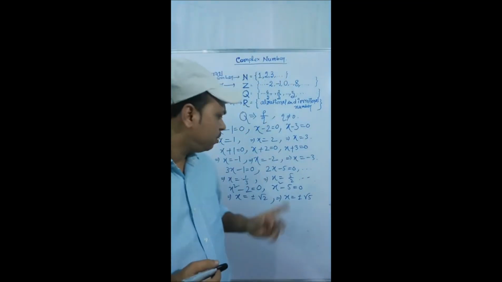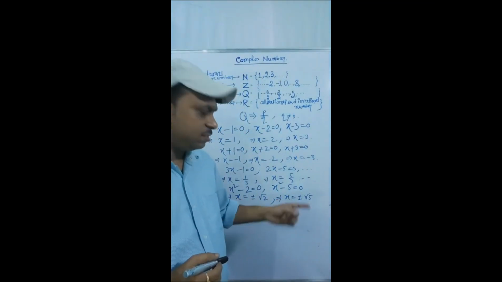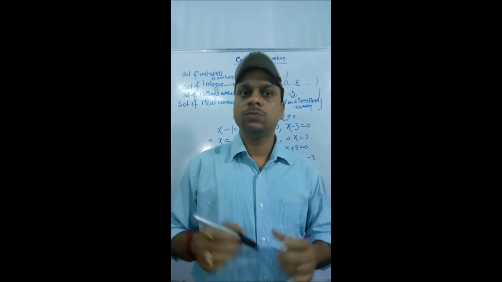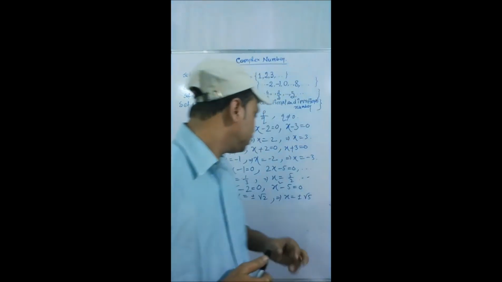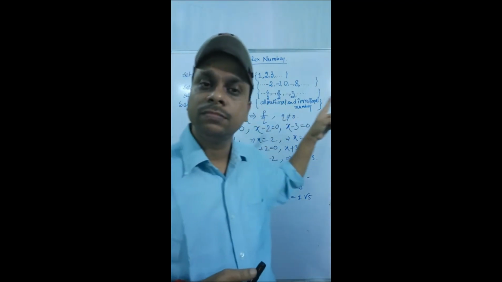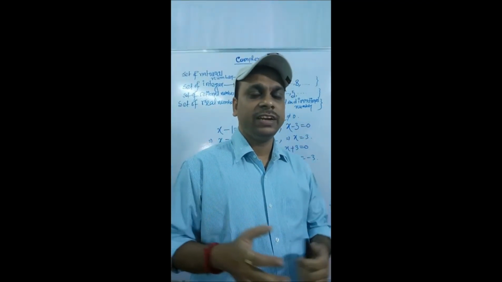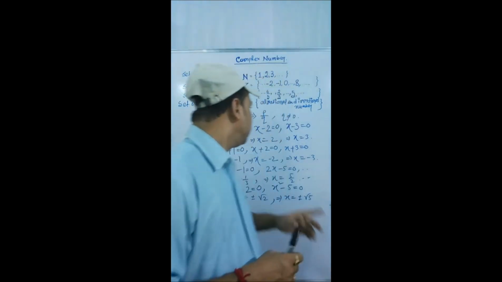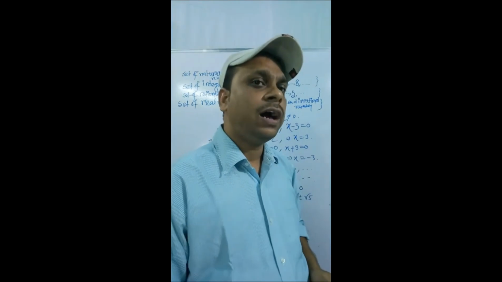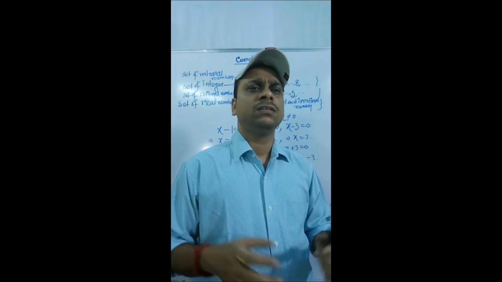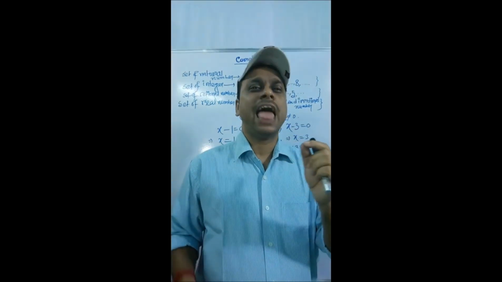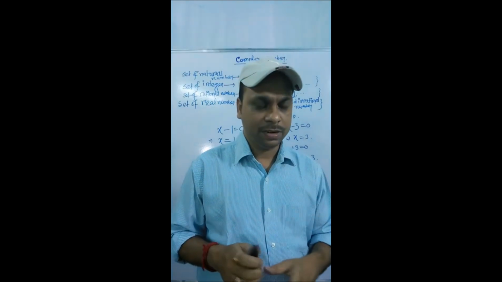Then these equations cannot be solved through the set of rational numbers Q. Then a new set R is required, which contains both rational and irrational numbers.